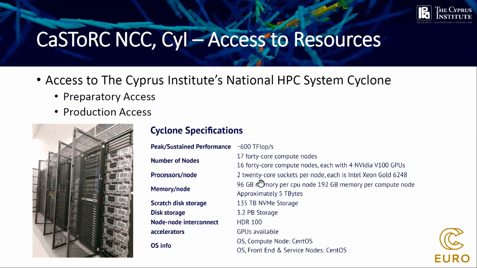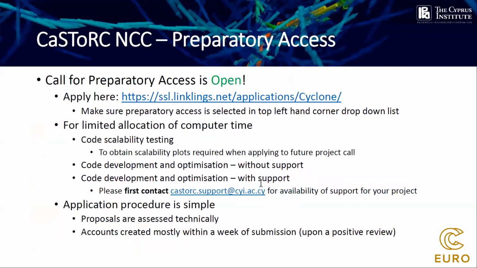Each compute node consists of 40 cores, and each GPU node also has 40 cores, but it also has 4 NVIDIA GPUs. Each node has 96 gigabytes of memory and other specific details which will be presented in later talks as well. People can access the system through preparatory access and production access.